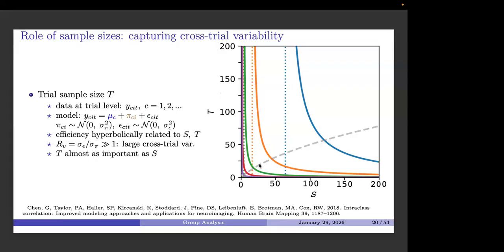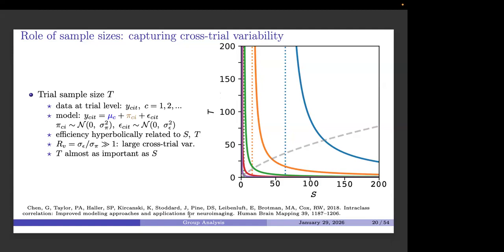So you're moving from inefficiency with lower T and S, or poorer precision, and as you move from red to green to orange to blue, you're increasing efficiency by adding another subject or another trial.